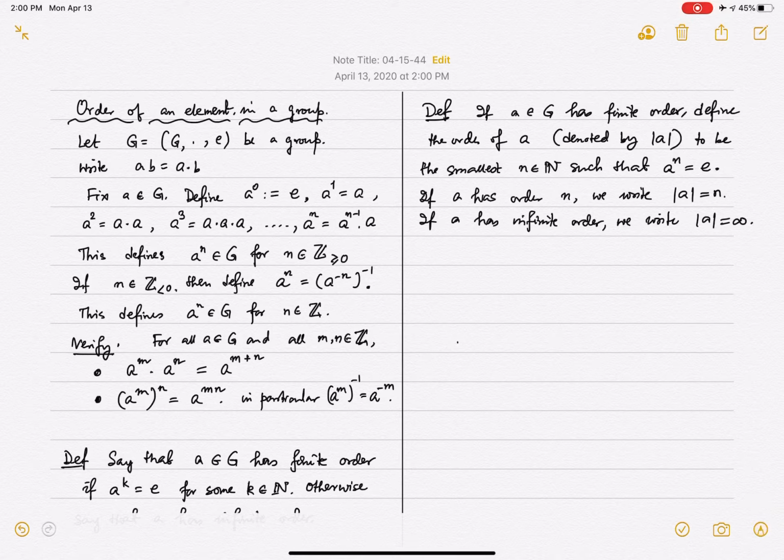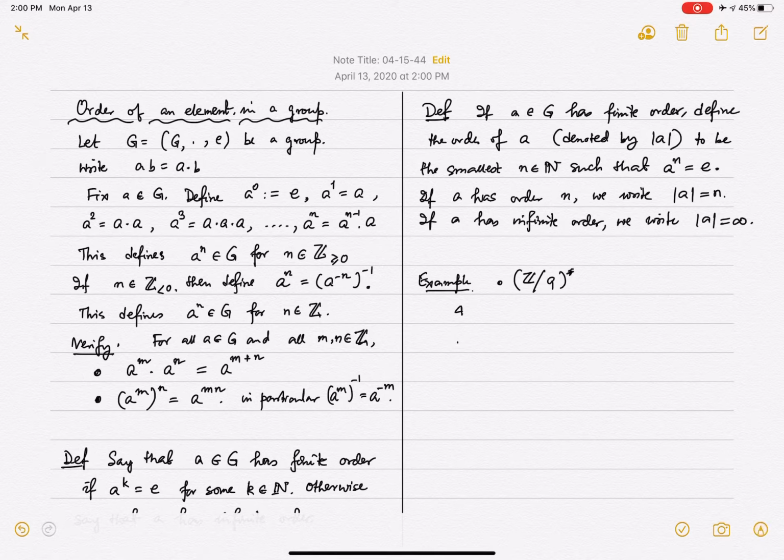To give a little example, maybe take Z mod 9 star. That's one group we considered. And let's take the element 4.